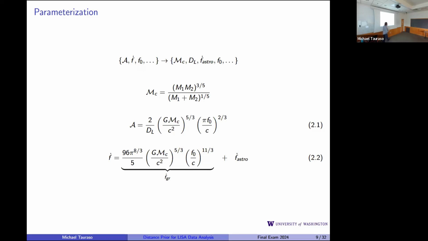So instead, the parameter that we use is this f dot astro, which is essentially the deviation from what we would expect given that gravitational waves exist. So if you have a simple binary that's not doing any mass exchange, that just looks like the textbook version of this, then this parameter is 0. But if it's not 0, and you can measure that it's far away from 0, then you know that something else is going on in that system that isn't gravitational waves.